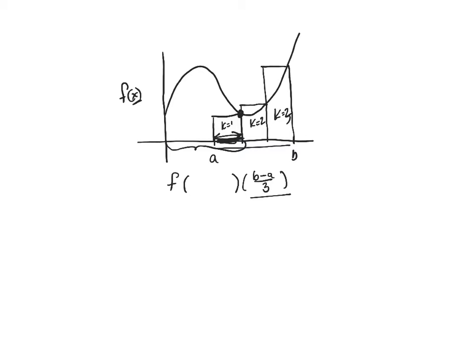I'm gonna plug in this x into that spot, and that's gonna be a, and then I'm gonna add how much? b minus a over 3, right? It's gonna be this distance plus this distance. Is that okay?